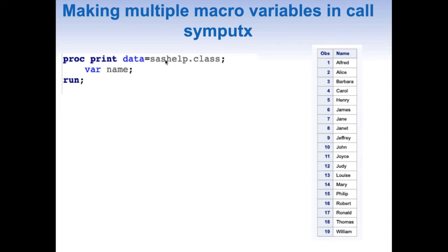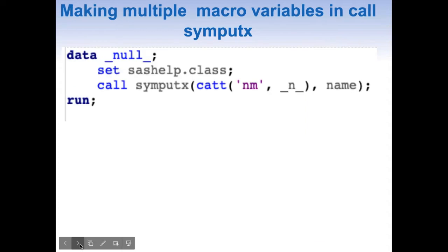I have sashelp.class and the variable name has 19 values. I want to make a macro variable for each value. Now let us see how we can make this possible.